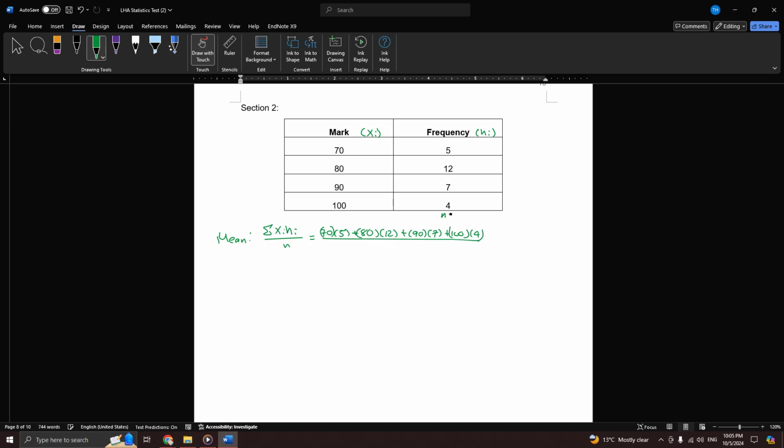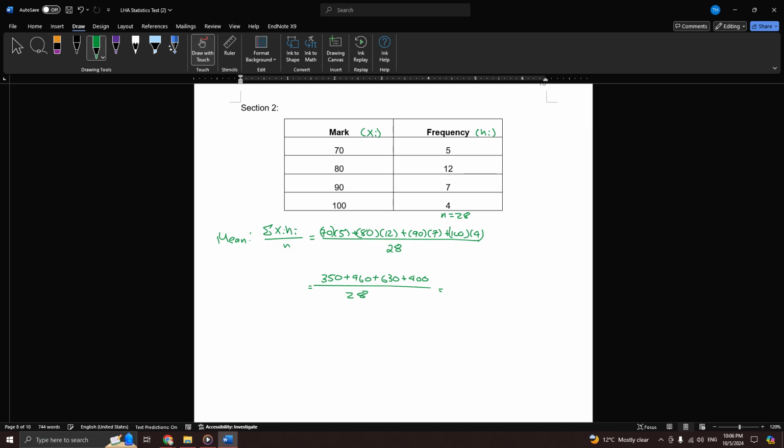We're going to divide that by n. N is going to be the sum of my frequencies. So 5 plus 12 is 17, plus 7 is 24, plus 4 is 28. So this is all divided by 28. So on top we've got 350 plus 960 plus 630 plus 400 divided by 28.